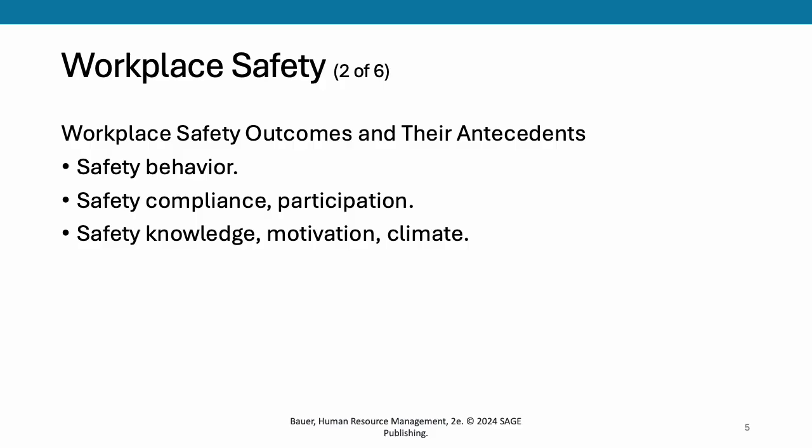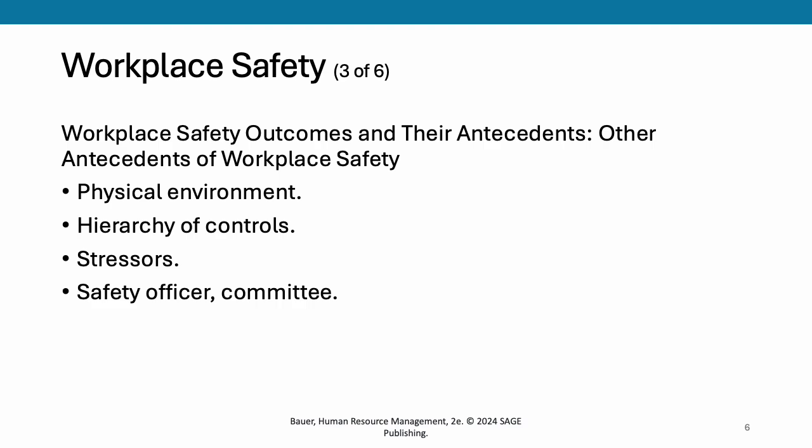And also, embedded in this are things like aggression and bullying in the workplace. These are all workplace safety issues as well because they can result in injuries and accidents and a lot of stress. And these are all aspects of workplace safety in organizations. So we need to monitor the physical environments to make sure that the environments don't have hazards.